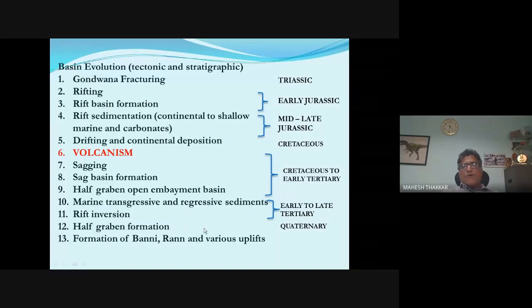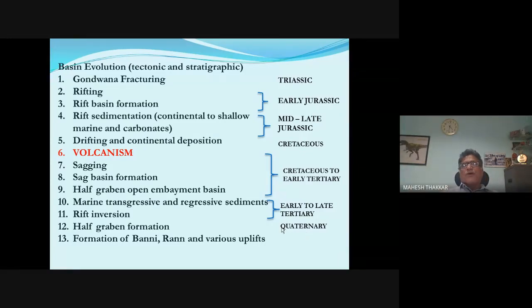Then the half graben formation, what we see today, is the picture of the Quaternary tectonic activities, and then the formation of today's Banni, the Rann, and today's major uplifts.